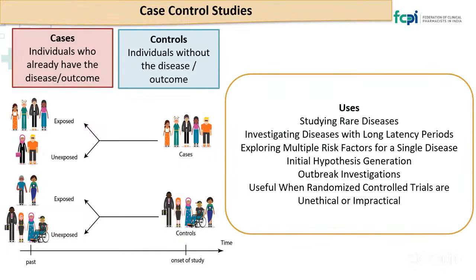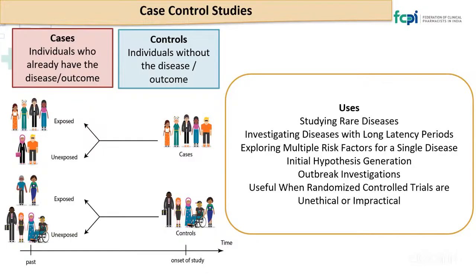Now, case control studies are used for studying rare diseases. They help to investigate diseases with a long latency period, like if I am bitten by a malaria mosquito, I will not show malaria at that point. It will require a latency period for the malaria to occur.